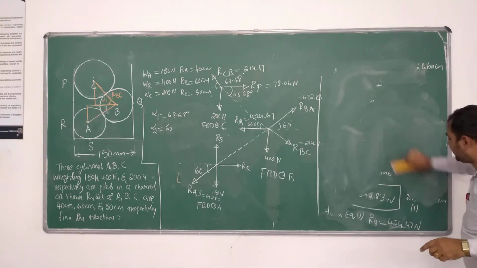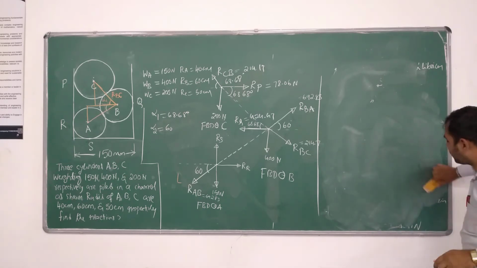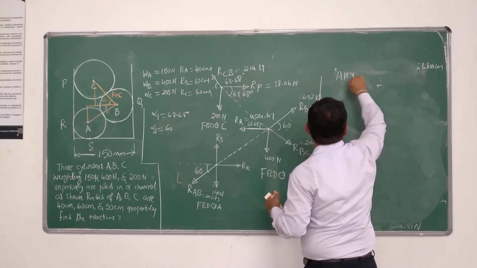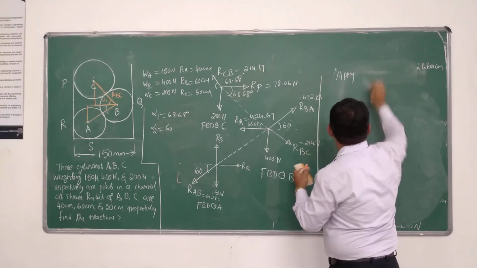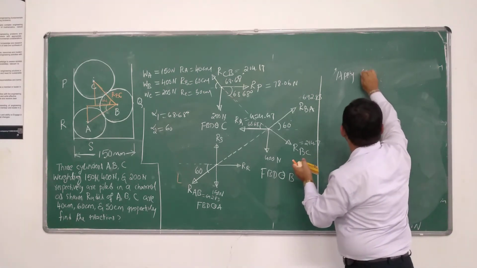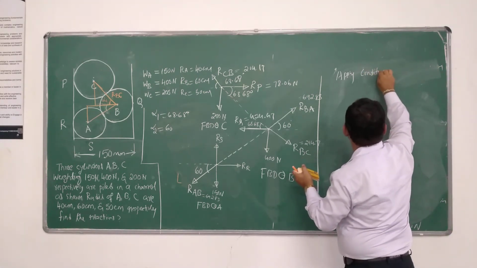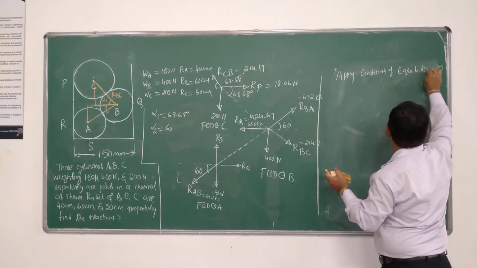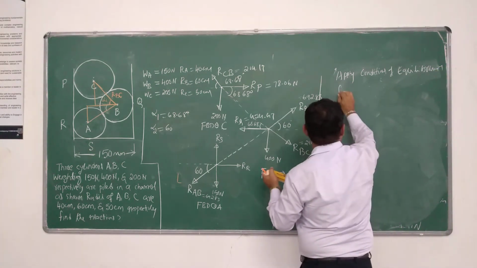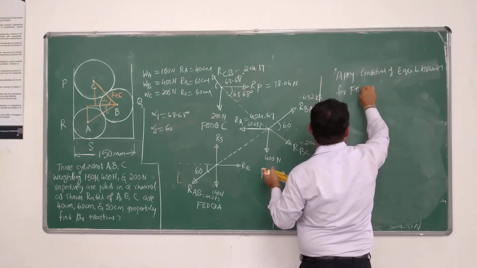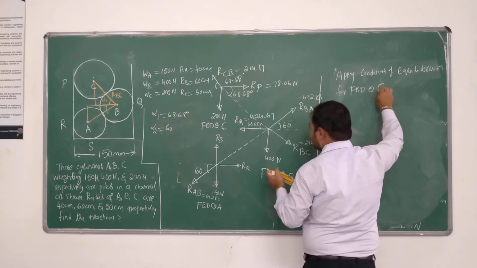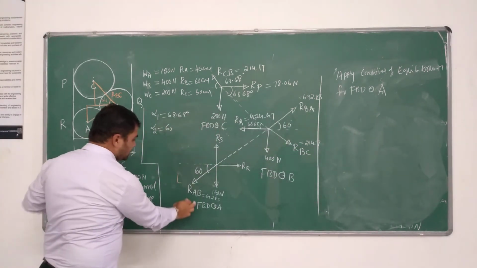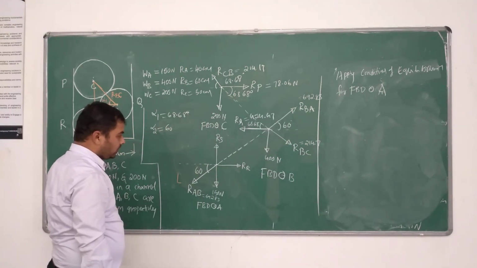Again, use the conditions of equilibrium for the free body diagram at cylinder A. Now we have only two unknowns.